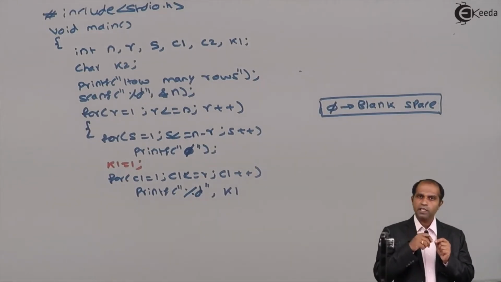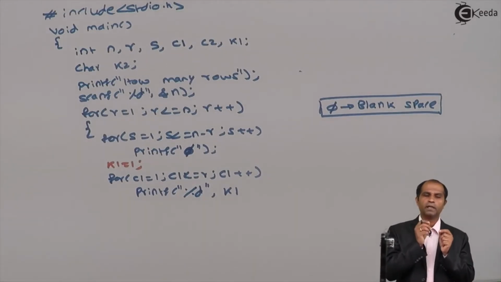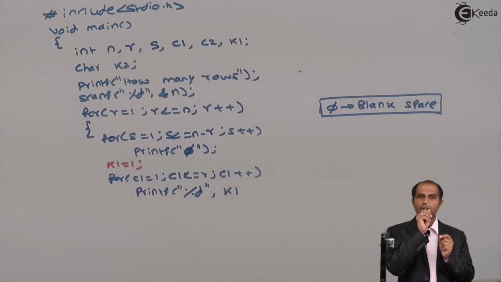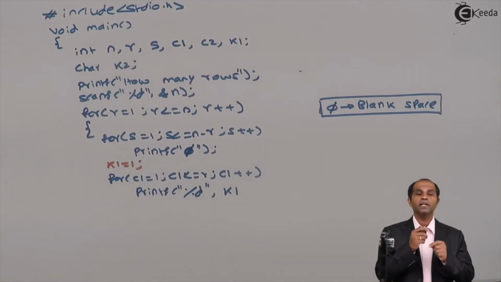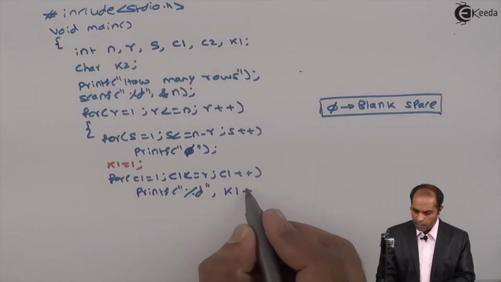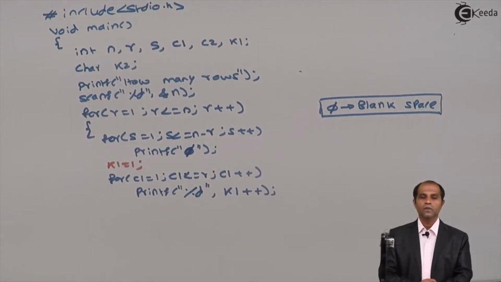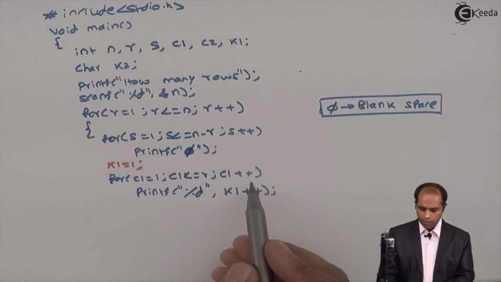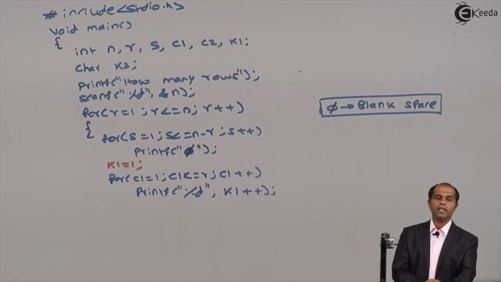So should I change the character? Yes, I'm supposed to change. In that case, you have to go back to the pattern and check what is after 1. After 1, I have a pattern which says 2, 3. So it means that I'm supposed to keep on incrementing the value of K1. So I'll say K1 plus plus. So I have for C1, C1 less than equals to R, C1 plus plus, and printf %d, comma K1.